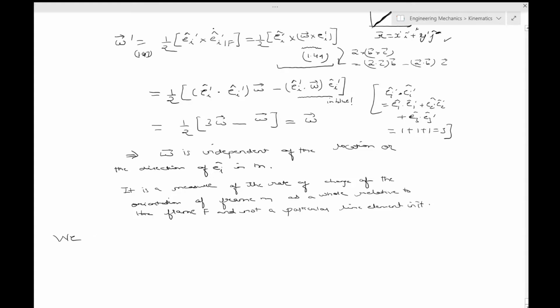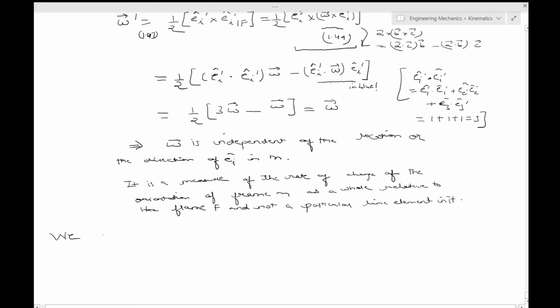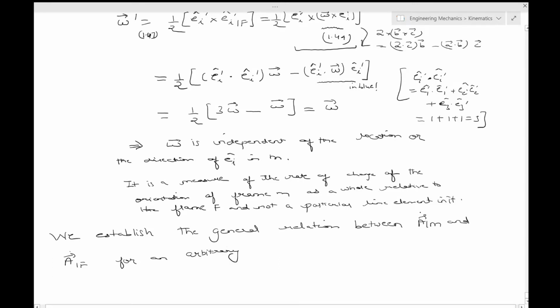So we establish the general relations between A dot of M and A dot of F for an arbitrary vector A of t.